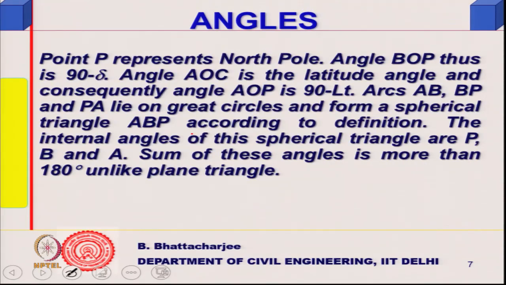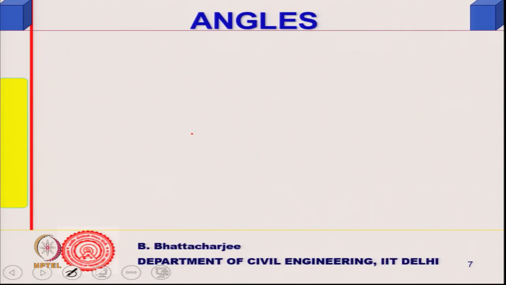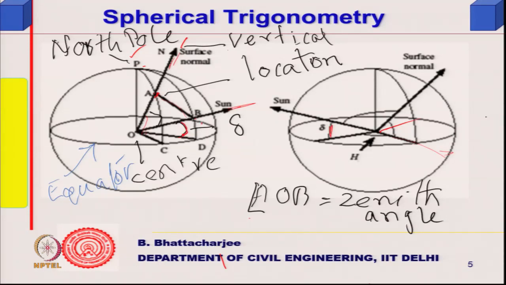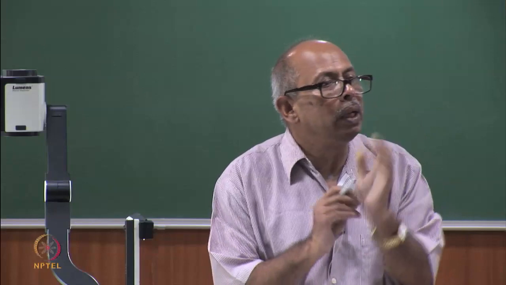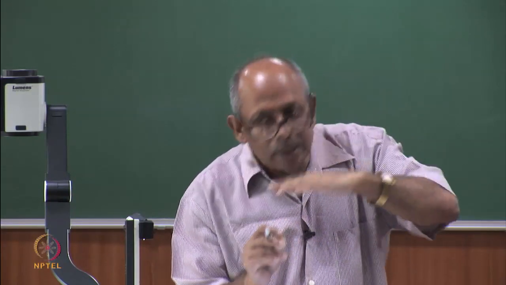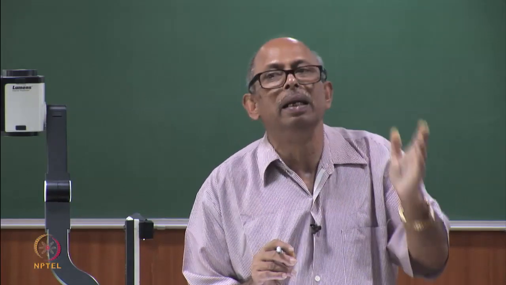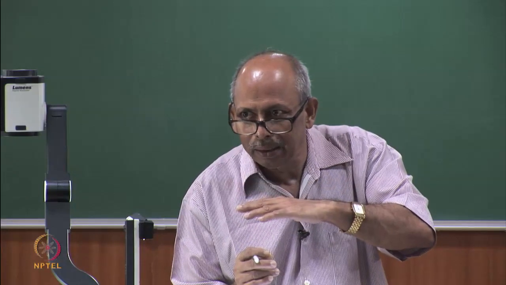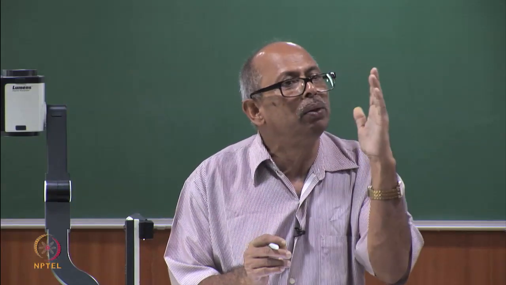Now, point P represents the north pole. So what is angle BOP? This is the north pole, and this is the sun's ray. The angle between the equator and the sun's ray is the declination, and the north pole is normal to the equator.